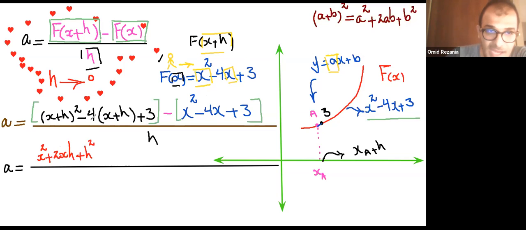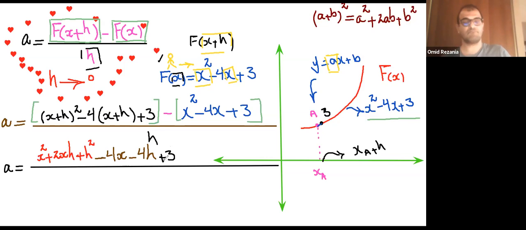I have minus 4 times x plus h, which means minus 4 times x gives minus 4x, and minus 4 times h. Then also, I'm going to change the color to show the 3, which is going to be plus 3. You see? So far, so good?